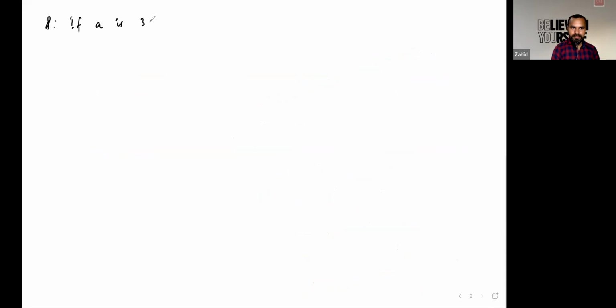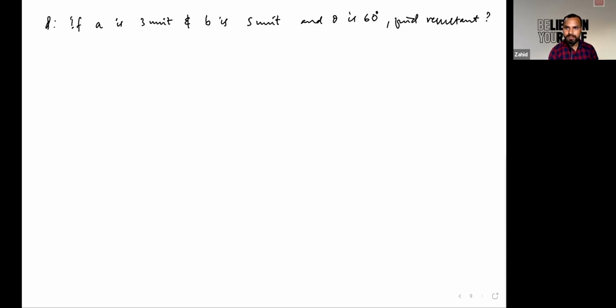If A is 3 units and B is 5 units and theta is 60 degrees, find the resultant. Just use the formula and simplify it.